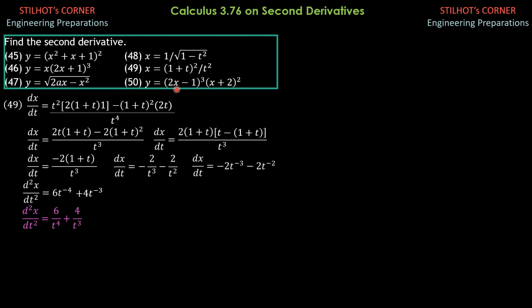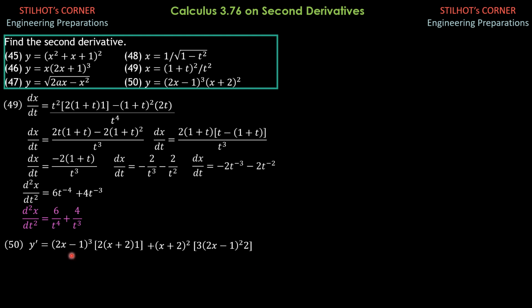We then proceed to problem 50, derivative of product. So y prime equals quantity 2x minus 1 cubed first, derivative of second, times 2 quantity x plus 2 raised to 1 times 1, plus second quantity x plus 2 squared, derivative of first 3 quantity 2x minus 1 squared times 2.